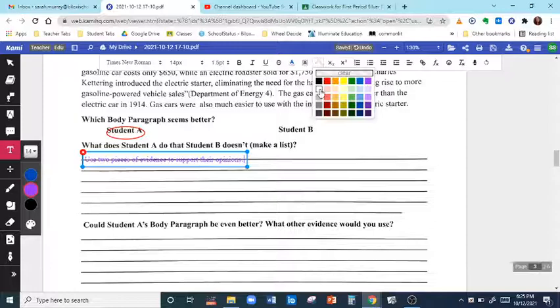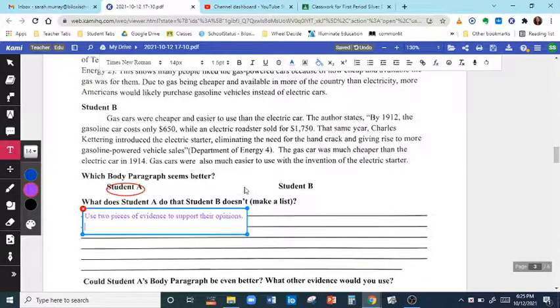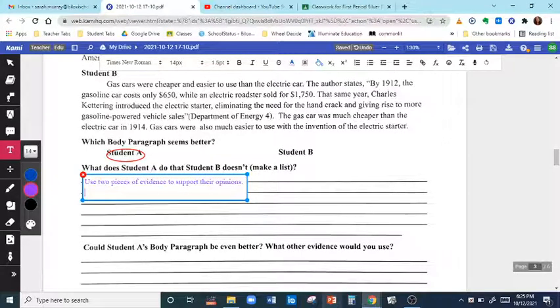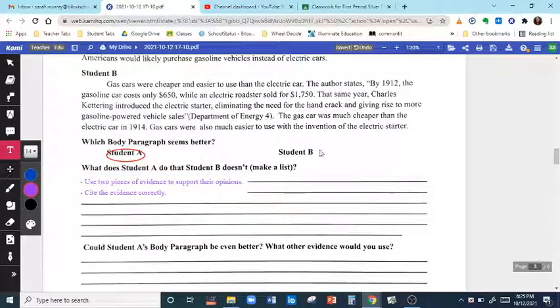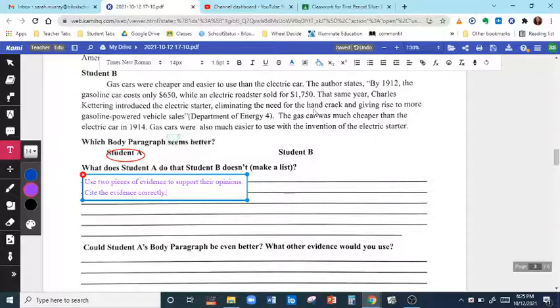They're rocking it. Let's see. What else do they do? Oh, they cite correctly. There is no page 4 in the Department of Energy article. There's page 1 and page 2.